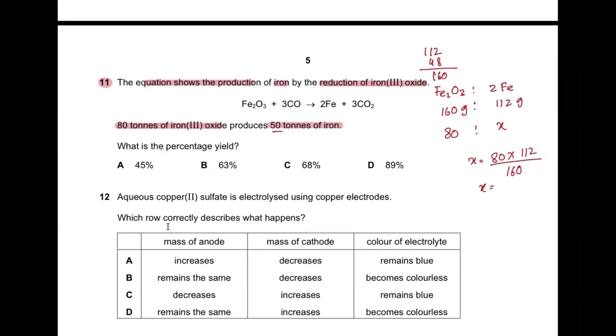I'm getting 56. 56 tons. So 56 tons, that is the maximum amount. And over here we are getting 50. So the percentage yield will be 50, that we have obtained, over the calculated one, which is 56, times 100.